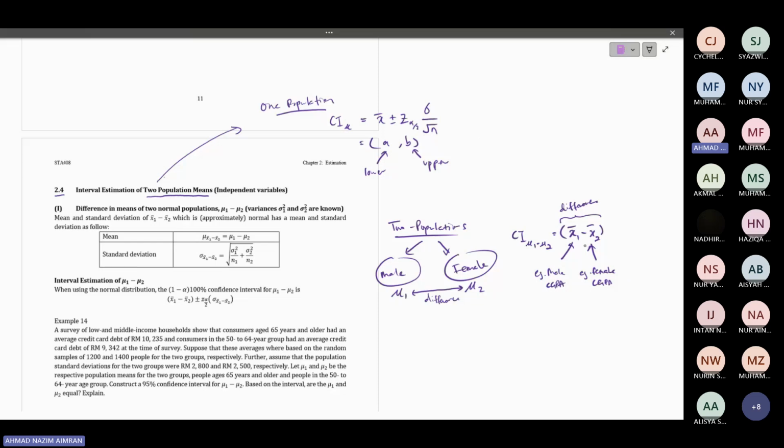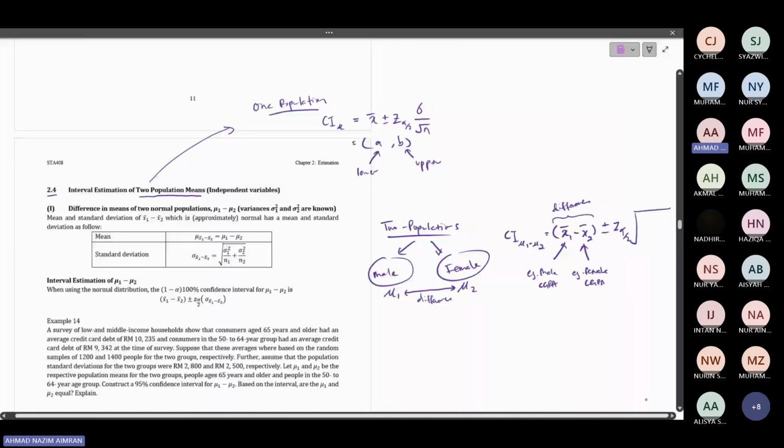And it is still the same. If the standard deviation of the populations is known, we use Z alpha over 2. And if the standard deviations of the populations are unknown, then we use T. I will just write it first. Okay, this is the formula.